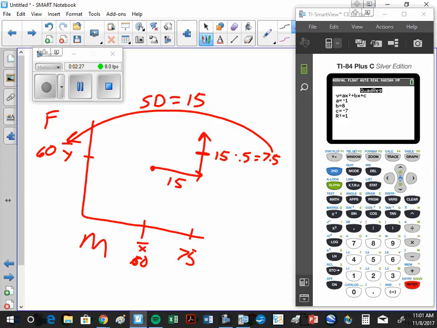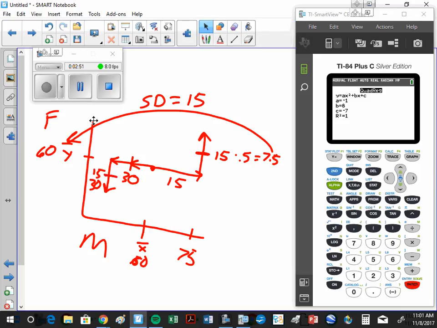Okay? What about 30? 30 is 2 SDs below. So if I backtracked 2 SDs, that's a total of 30. I should go down a total of 30, but I'm going to do half of that, 15.